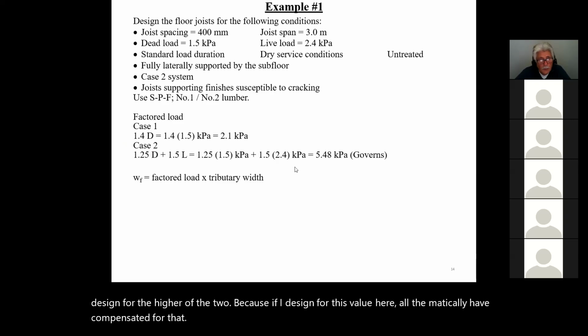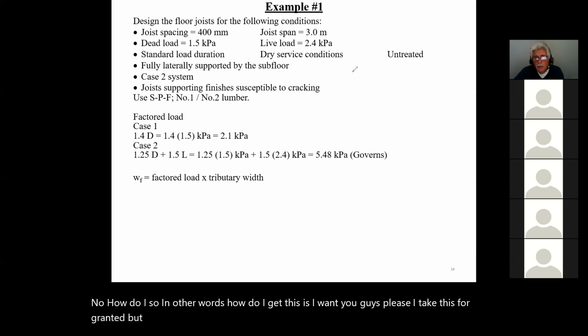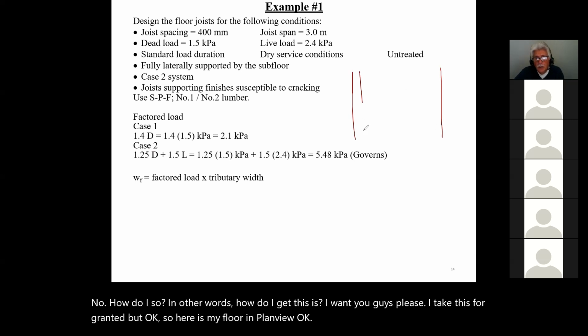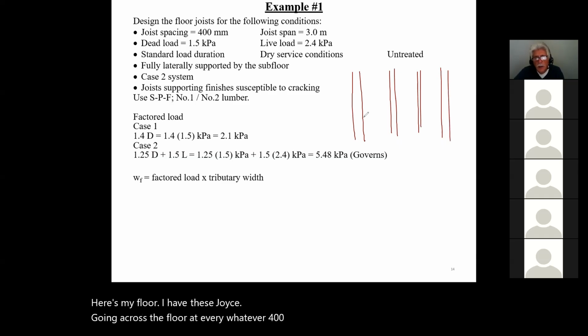Now, how do I get, so in other words, I want you guys, please, I take this for granted, but here is my floor in plan view. I have these joists going across the floor at every, whatever, 400. And now I've got loads here.